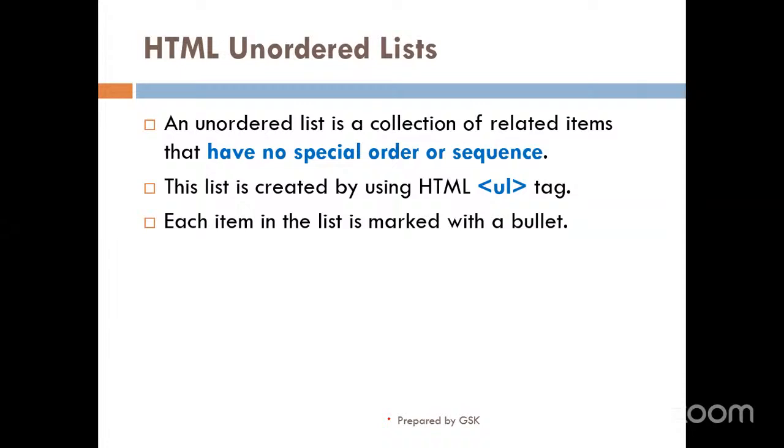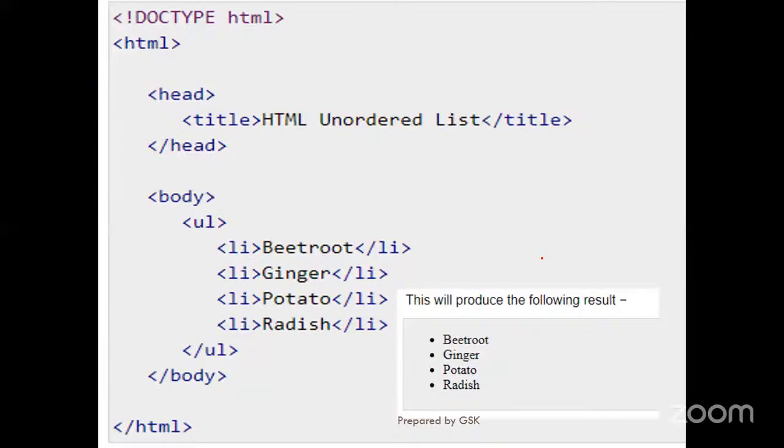Within that, we need to create list items. Each list item is created with the help of the LI tag. Each item in the list is marked with a bullet. Not only bullet, we can use any symbols like circle symbol, bullet symbol, square symbol also. Now, see the code.